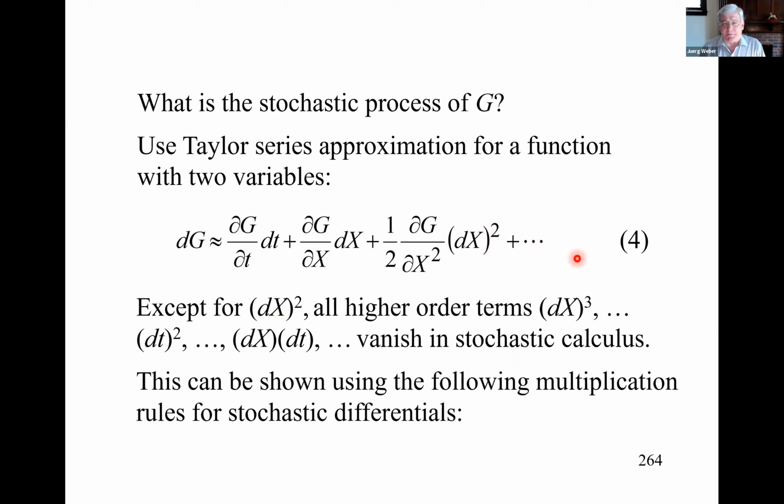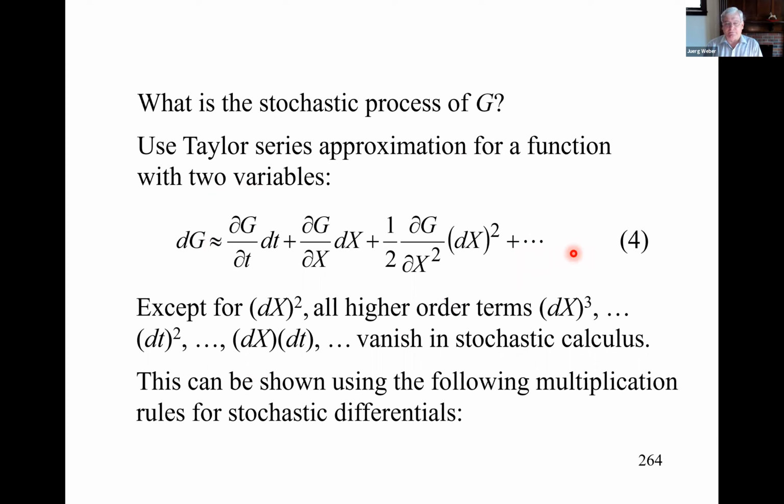Now, a Taylor series approximation for a function with two variables looks very unwieldy. And if you have three variables, it's getting even worse. What you do then is you use matrix calculus. But we don't have to do it here, because in stochastic calculus, all those higher order terms are zero.